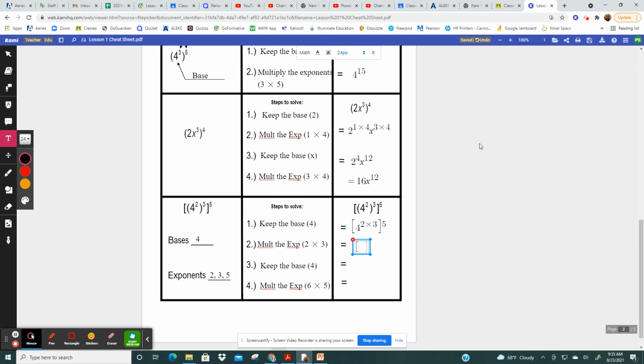So bracket, 4, Shift 6, 2 times 3 was 6, close bracket, and then I still have that 5, Shift 6, and then hit the 5 there. So we've done 1 and 2. We've kept the base and we've multiplied the exponents, the 2 and the 3. Now we need to keep the base again and multiply the exponents, the 6 and the 5.